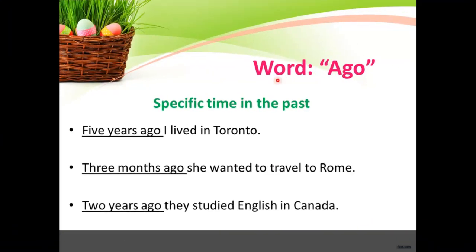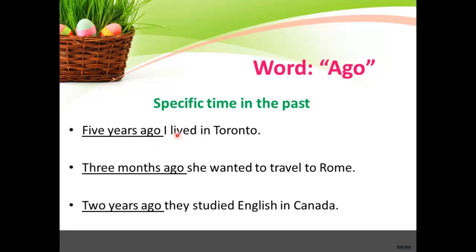Now we're going to learn the word ago. Ago. We use ago to say a specific time in the past. 5 years ago, I lived in Toronto. 3 months ago, she wanted to travel to Rome. 2 years ago, they studied English in Canada.